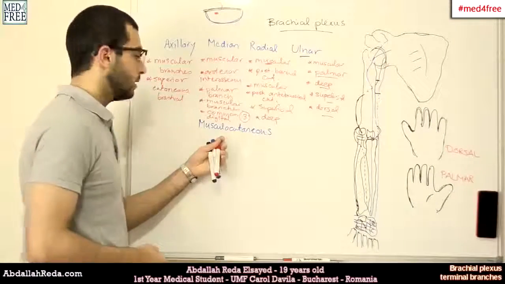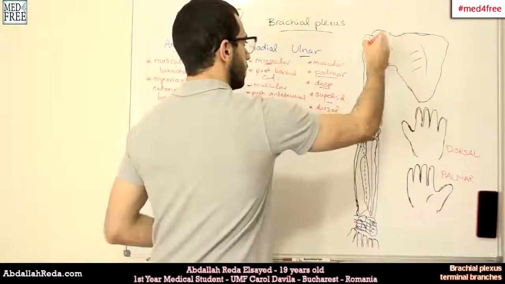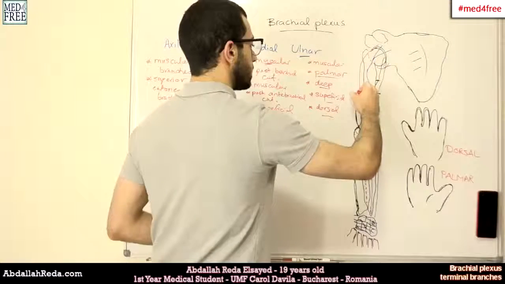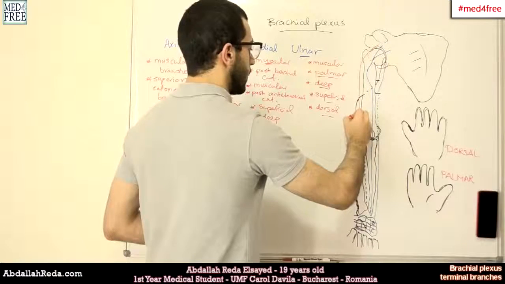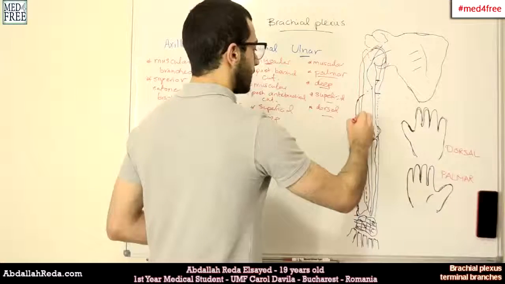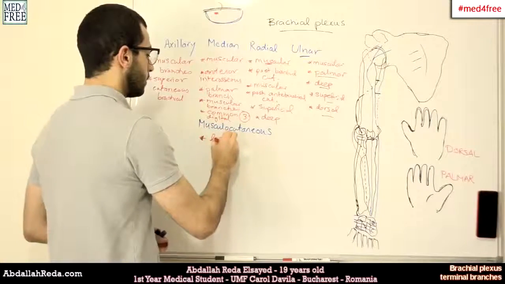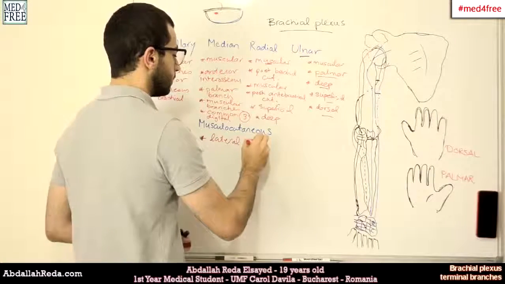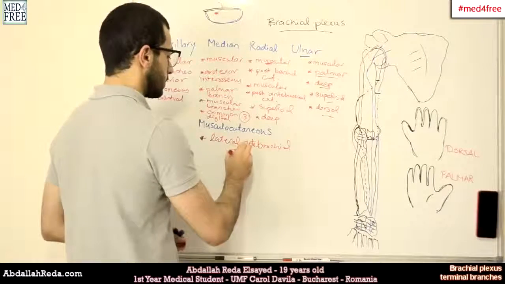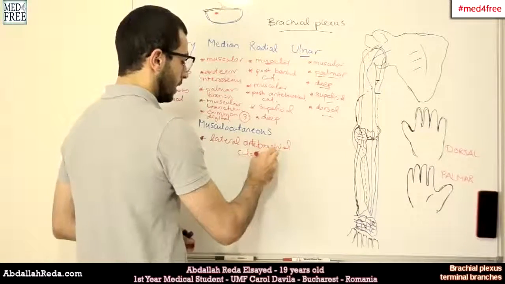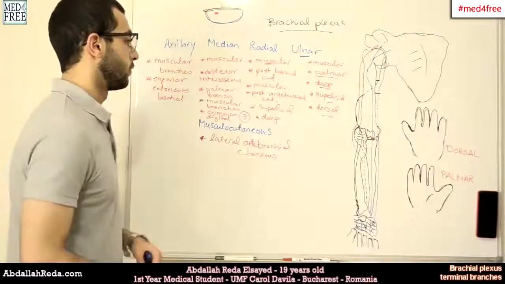For the musculocutaneous nerve, it's most lateral, and it goes all the way like this. And on the lateral side of the humerus, the lateral epicondyle, it branches and it continues as the lateral antebrachial cutaneous to supply the skin of the lateral aspect of the forearm.